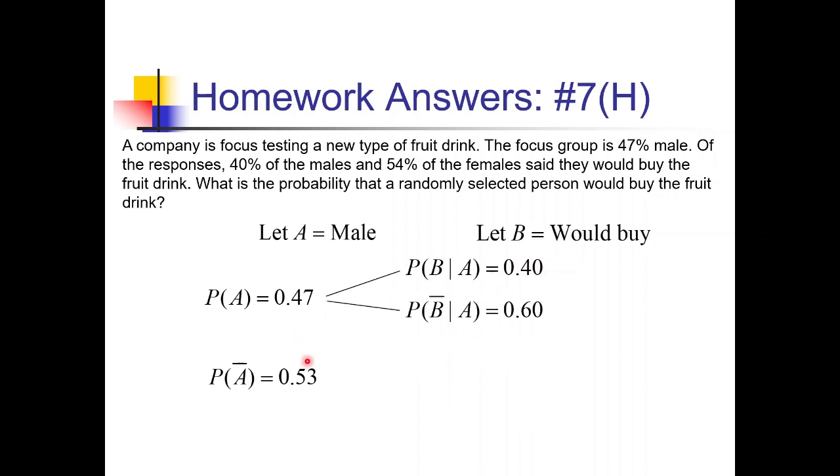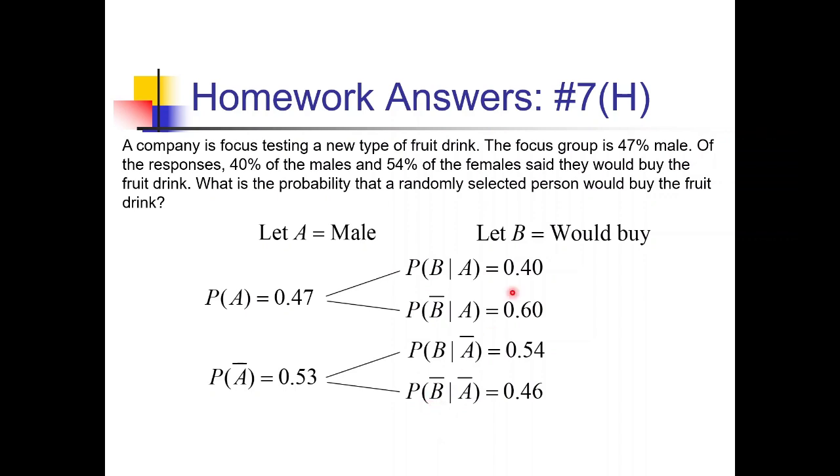If our participant is not male, in other words female, the probability that they would buy is going to be 54%, 0.54. And then the probability that they would not buy, given that they are not male, would be 100% minus this, so that would be 0.46.